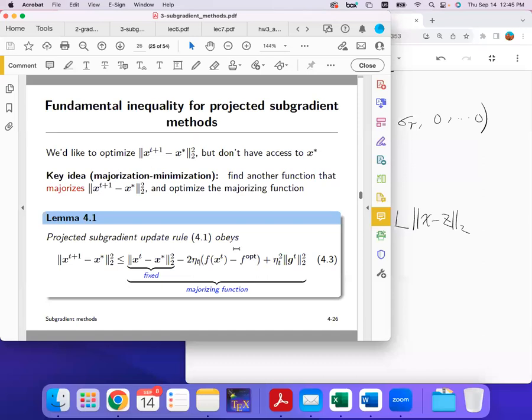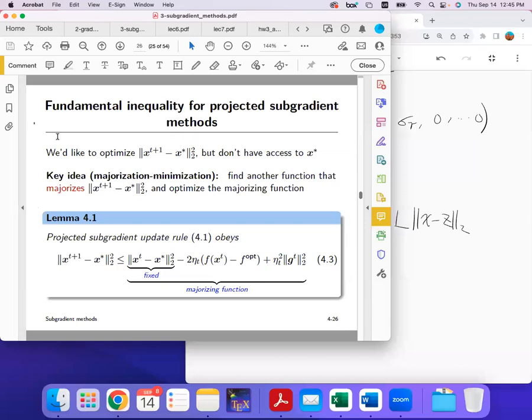If it dominates, then we are subtracting a big positive number, and this distance may be monotonically diminishing, and we can hope for convergence. So you can tell from this key inequality that the step size should be carefully chosen so that we are making sufficient progress between the iterations.